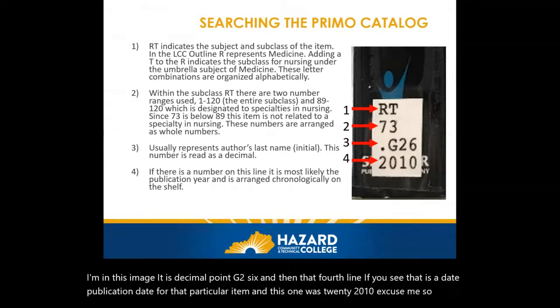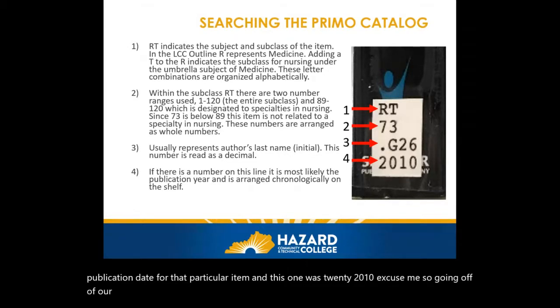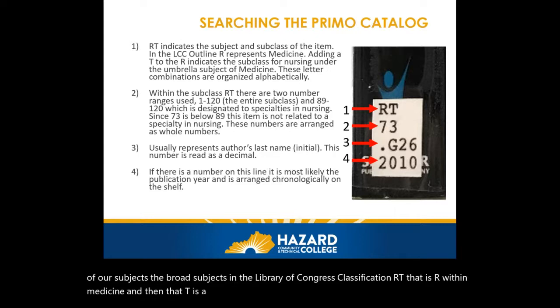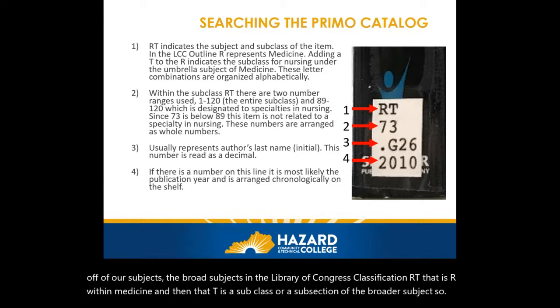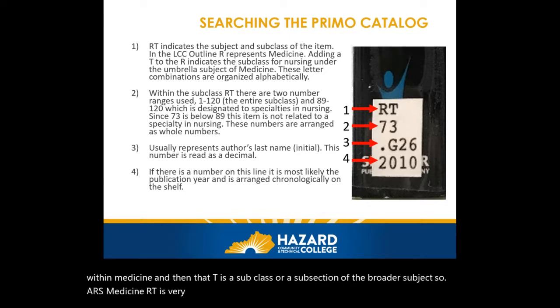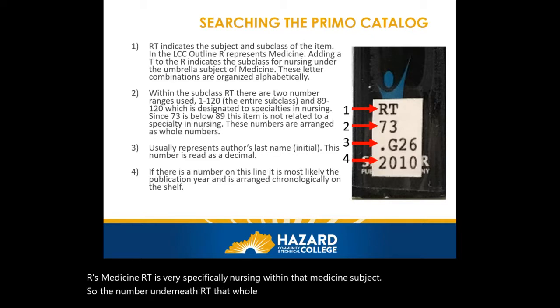So going off of our subjects, the broad subjects in the Library of Congress classification, RT, that is R within medicine, and then that T is a subclass or a subsection of the broader subject. So R is medicine, RT is very specifically nursing within that medicine subject. So the number underneath RT, that whole number, 73.